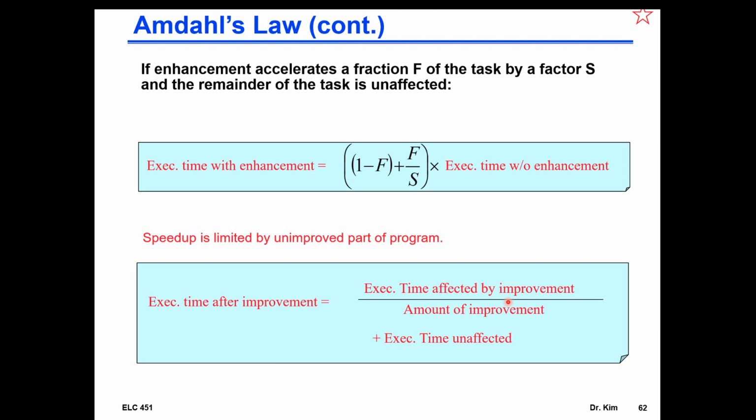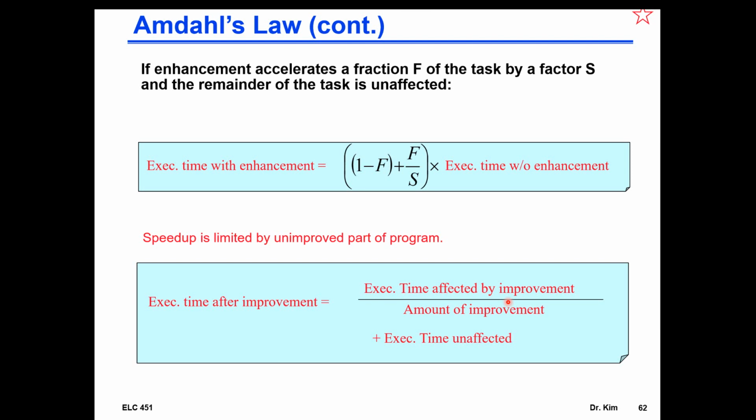Well, it would be 1 minus that fraction, which is the part that is not being affected, plus the fraction that is being affected, divided by the enhancement factor s, times the execution time without the enhancement.